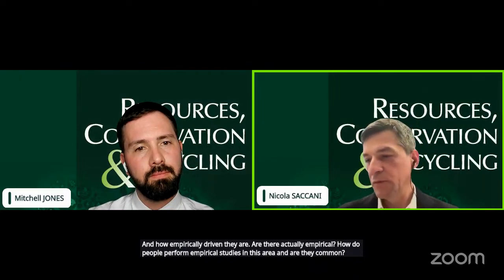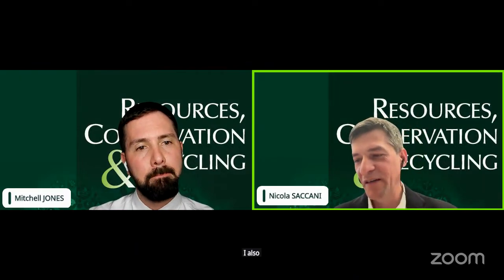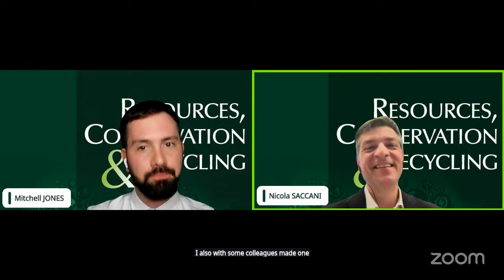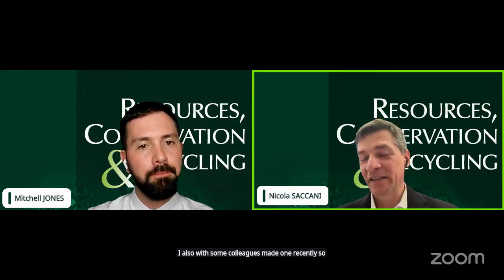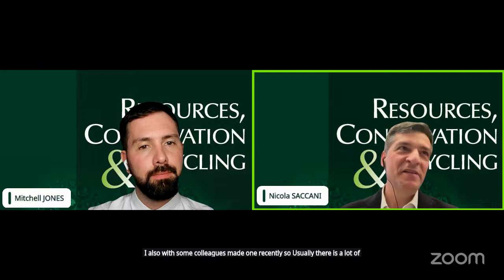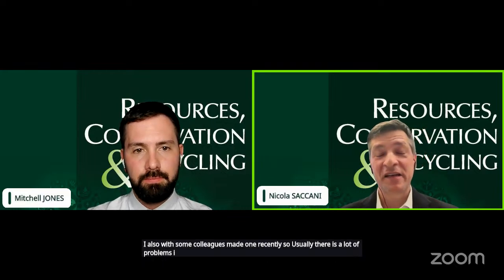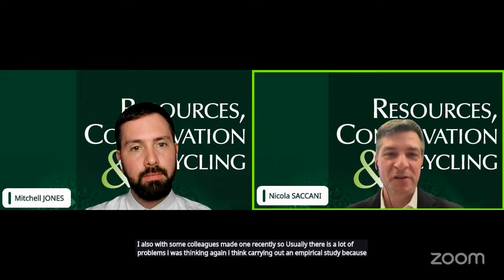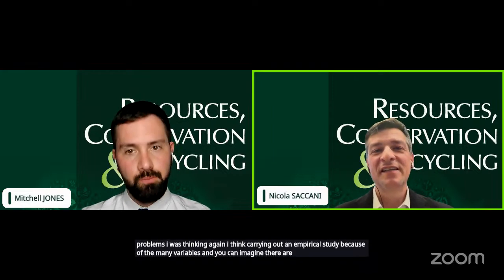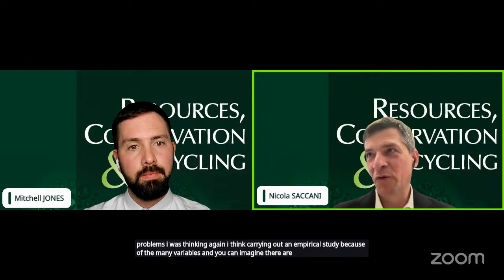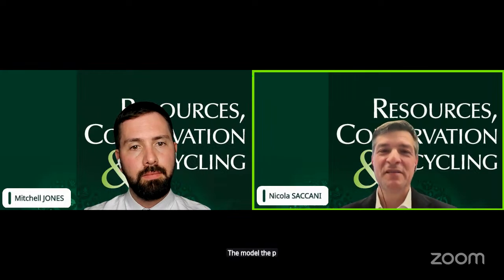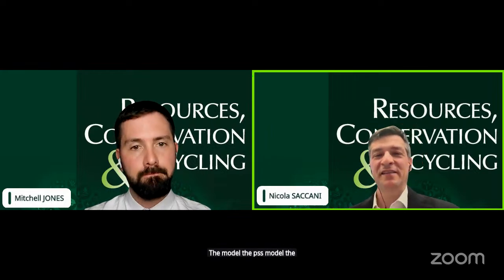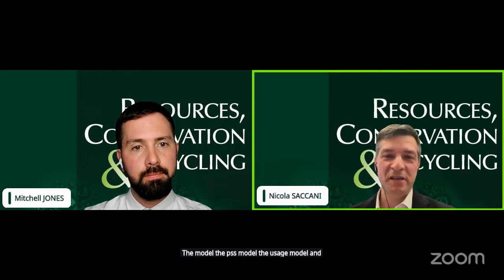I also, with some colleagues, made one recently. Usually there are a lot of problems in carrying out an empirical study because of the many variables. You can imagine there are the PSS model, the usage model, and also measuring the environmental impact.